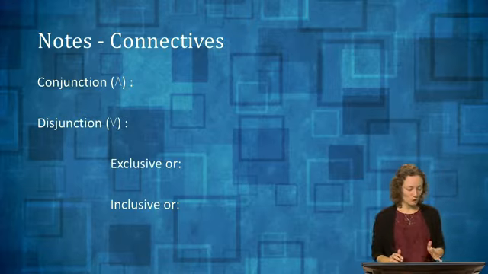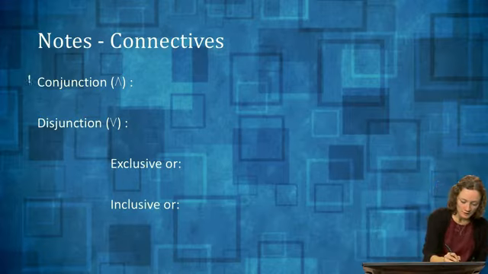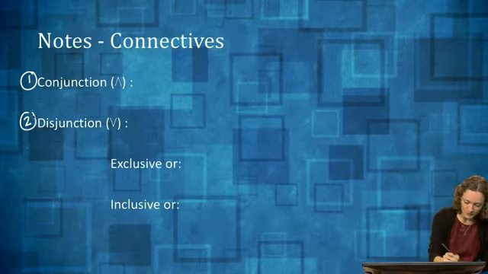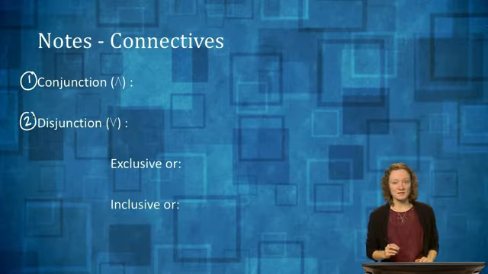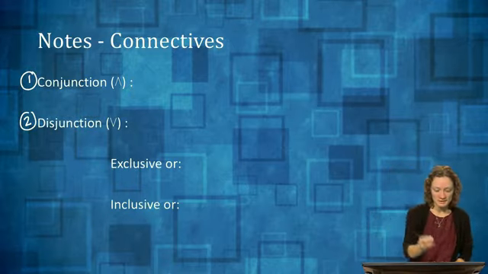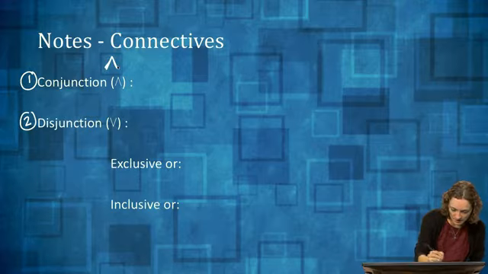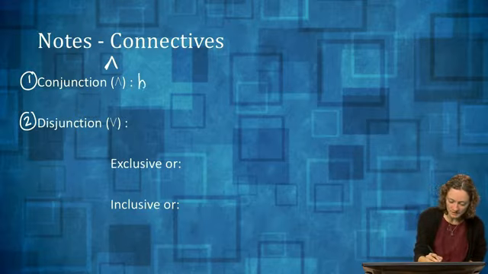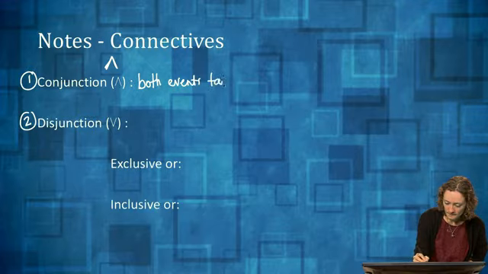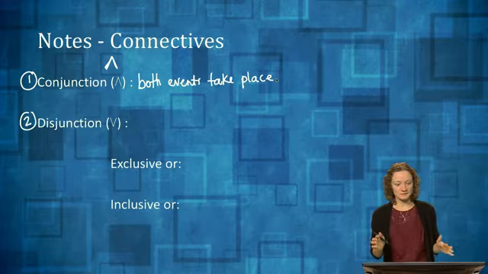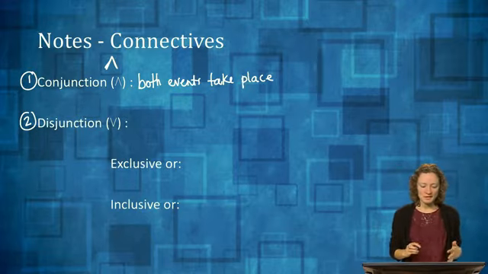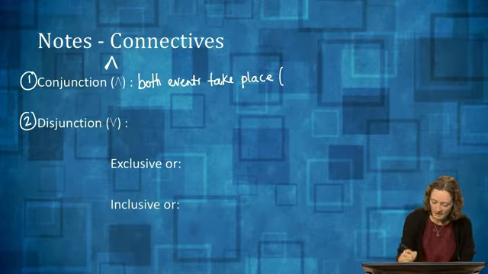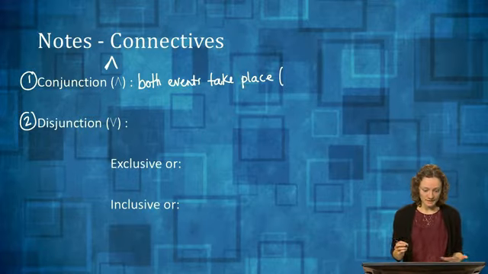All right, so let's look at the connectives. We're going to look at 5 total throughout the chapter. The first one and the second one are on this slide, conjunction and disjunction. Symbolically, a conjunction is an upside down V. It is a down symbol. And the definition for a conjunction means that both events take place. You can sort of think of this as being similar to sets in that it is the same as basically seeing and in a statement.